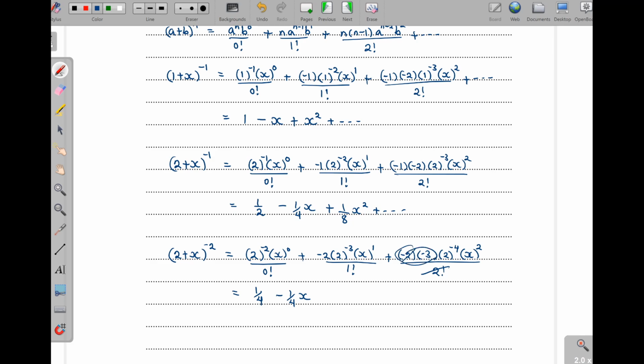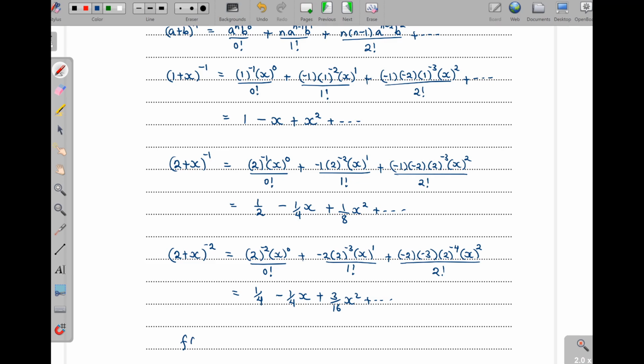A negative times a negative, that's a positive, so we shall get 3, then times 2 to the power of negative 4, that is 3 times 1 over 2 to the power of 4, which is 16. Yes, so 3 over 16. So we shall get plus 3 over 16 of x squared.